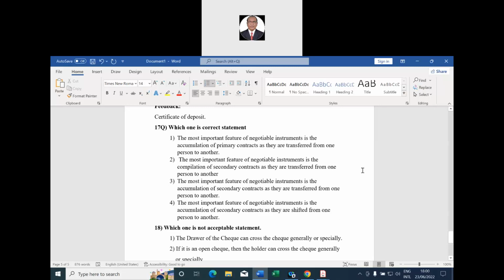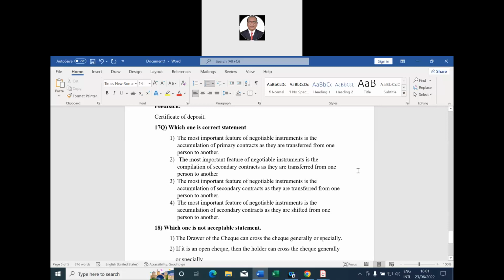The third option. The most important feature is the accumulation of the secondary contracts as they are transferred from one person to another. The fourth option. The most important feature is the accumulation of the secondary contracts as they are shifted from one person to another.